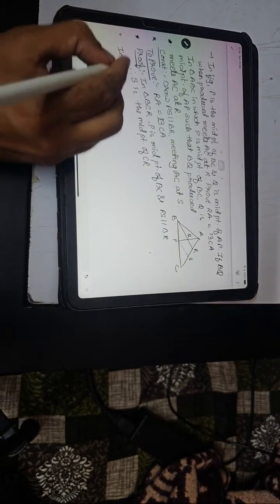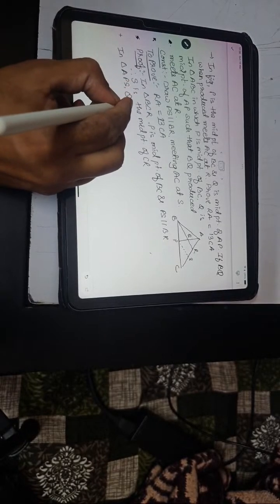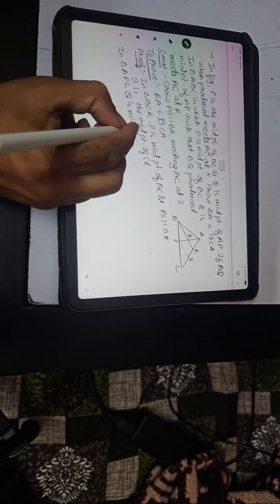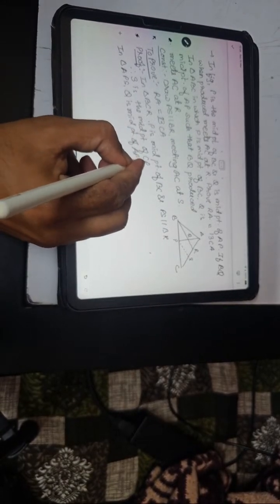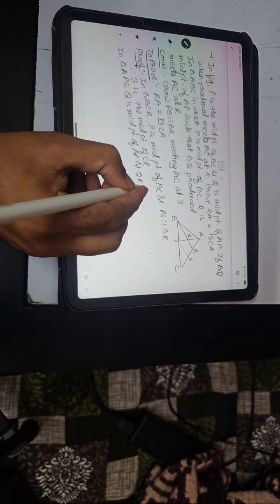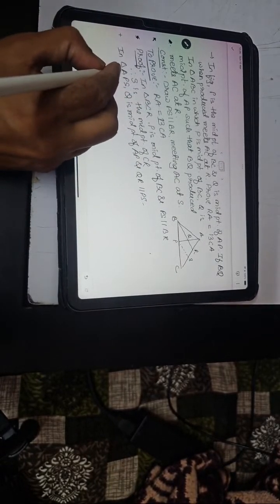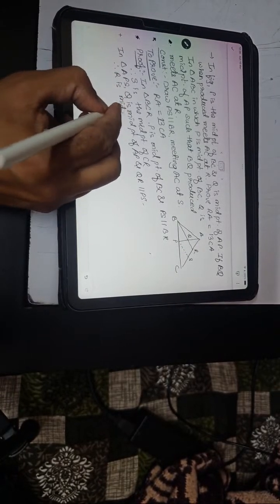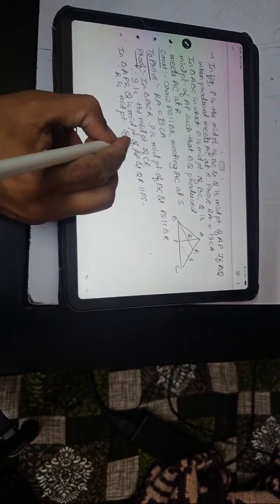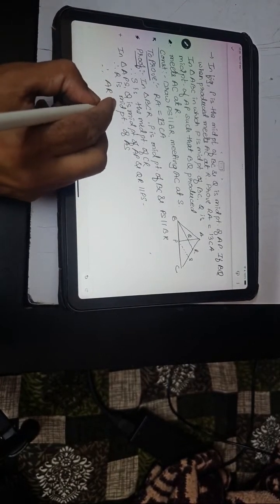In triangle APS, Q is midpoint of AP and QR parallel to PS. Therefore, R is midpoint of AS. So, therefore, AR equal to RS.